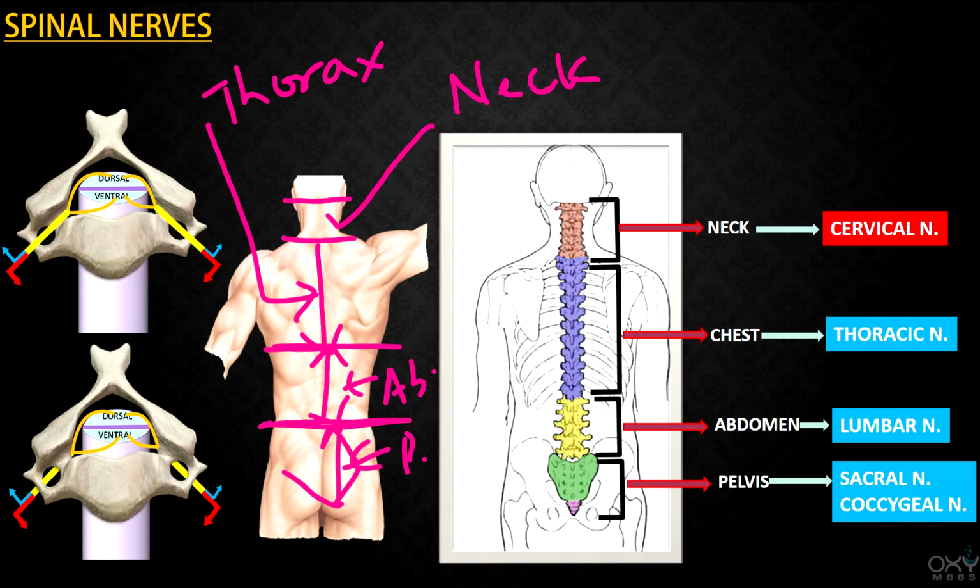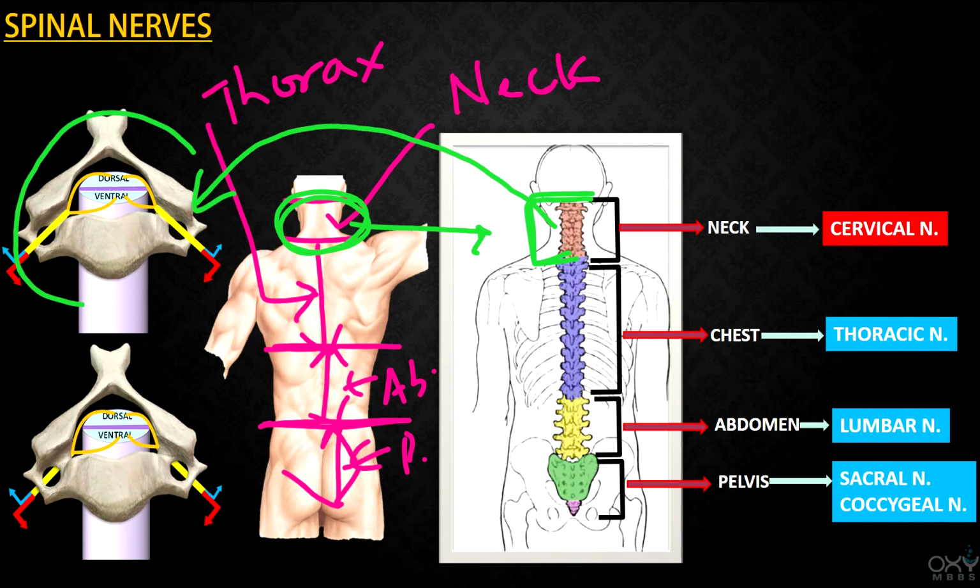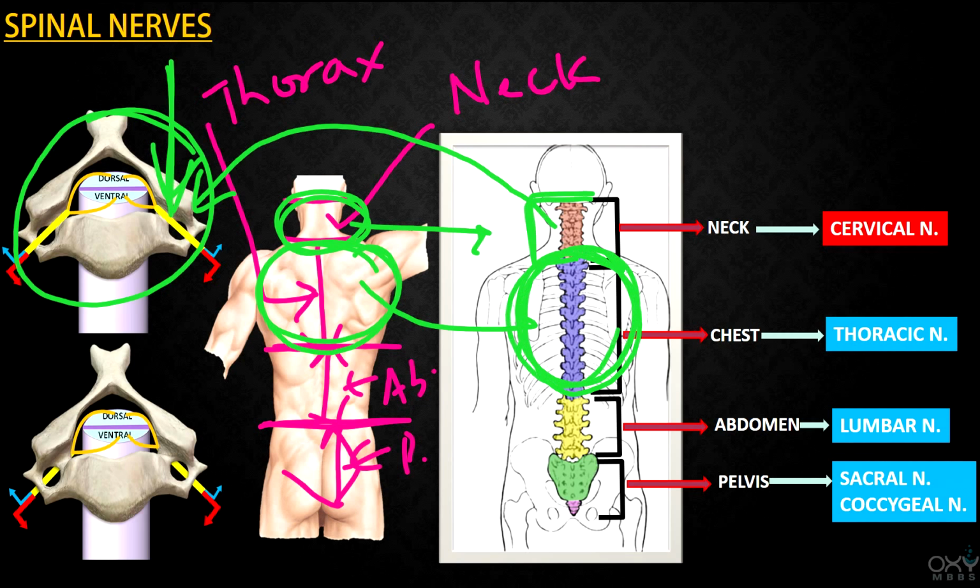So friends, the vertebral bones which are present in the neck region are called cervical vertebrae, and the spinal nerves which emerge through these cervical vertebrae are called cervical nerves. Similarly, vertebral bones present in the chest or thorax region are called thoracic vertebrae, and the nerves which emerge through them are called thoracic nerves.